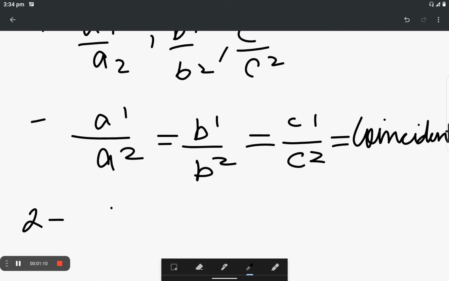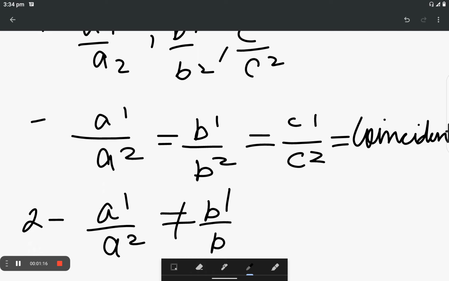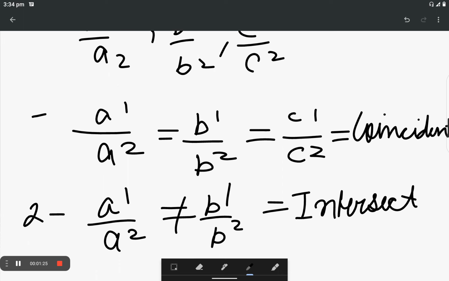The second situation, where A1 upon A2 is not equal to B1 upon B2, simply means that the lines intersect at a point and give one unique solution.